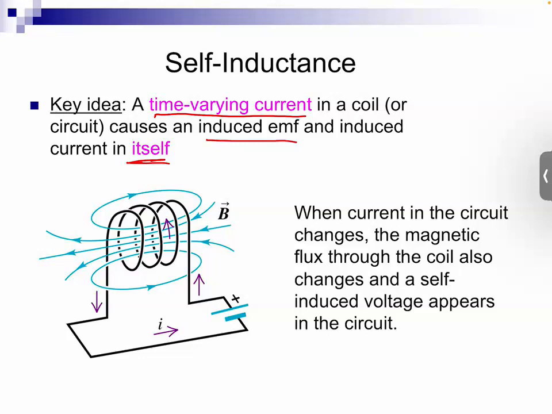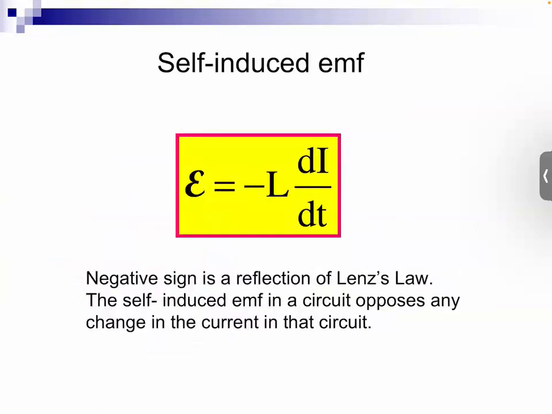Okay, so self-inductance, because you have a single coil, it's like there's no nearby coil that will be affected by the changing current. And so it's the coil itself that gets affected. Okay, and like before, the voltage that is created in the single coil will depend on how quickly the current changes. Okay.